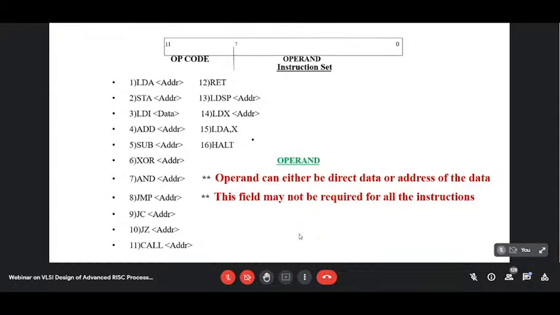In any CPU, when you design, there are 2 types of registers. One is the general purpose register, another is the special purpose registers. Now, general purpose registers are those registers where data will be stored. And special purpose registers are those registers which will be used by the processor itself. Normally, the user doesn't have any access to those registers.